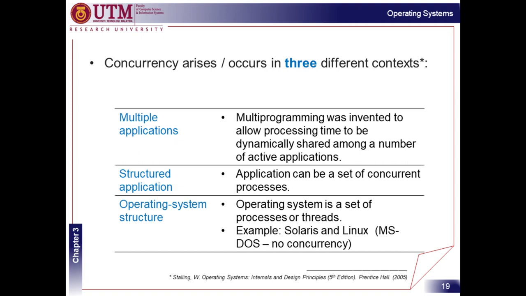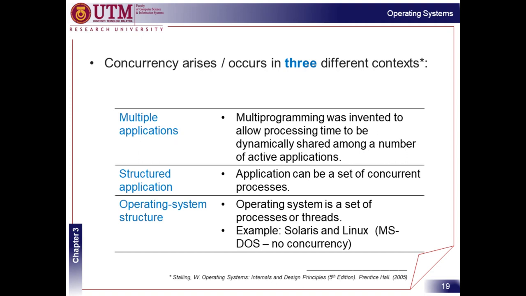This is called multiprogramming and it improves the utilization and responsiveness of the system. The second context is the structured application. This is when a single application consists of a set of concurrent processes or threads that work together to perform a task.